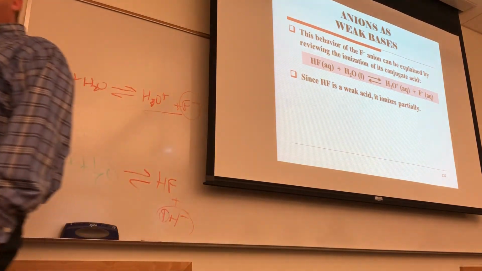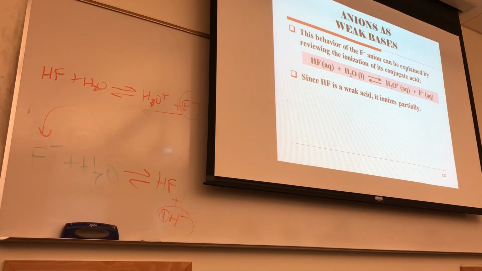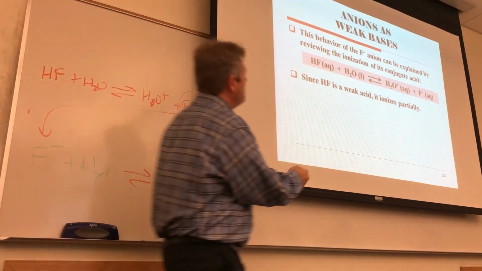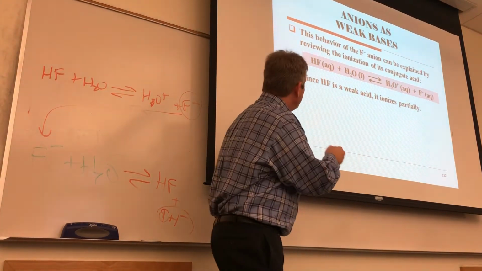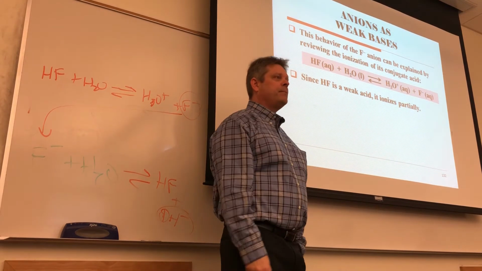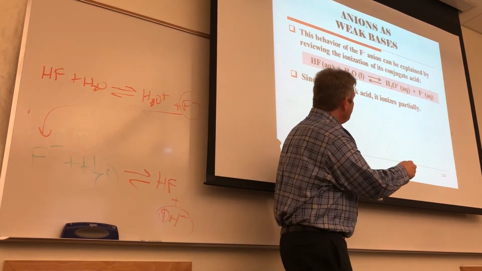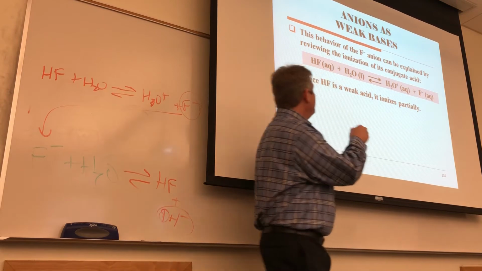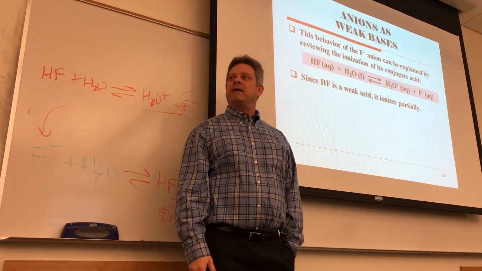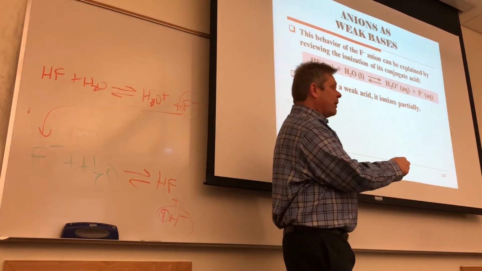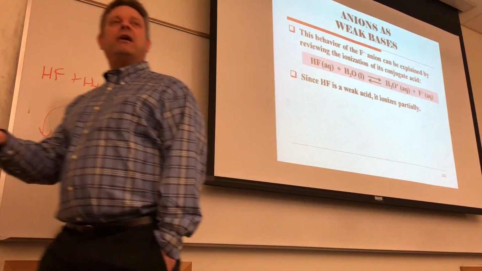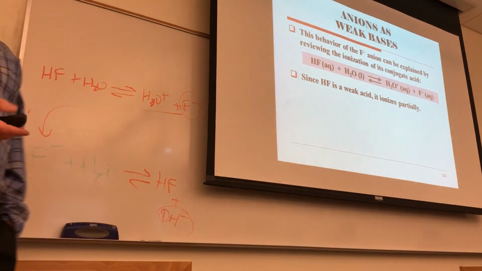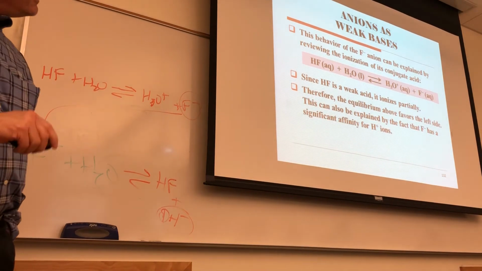Is the K going to be high or low? Low, and that's because this is much higher. What do we use for K? Concentrations. The concentrations of these are much higher than those, which means that this prefers to bind that and form this. Hence, when I put this into water by itself, it's going to bind a hydrogen, leaving hydroxide. That makes sense?